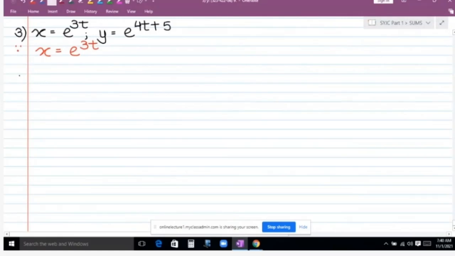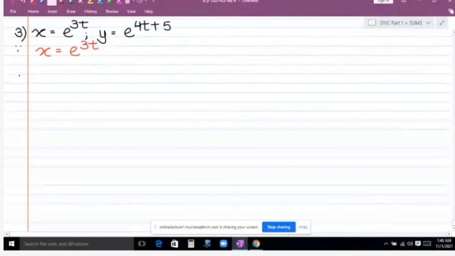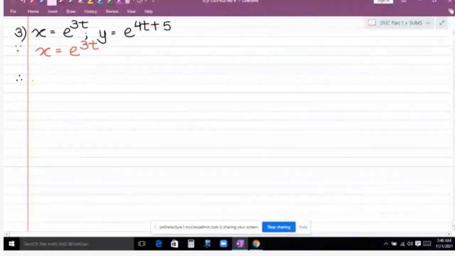Next step, applying the operator d by dt on both the sides. Therefore, the derivative of x with respect to t is dx upon dt.